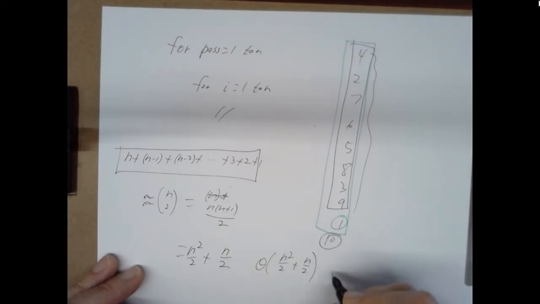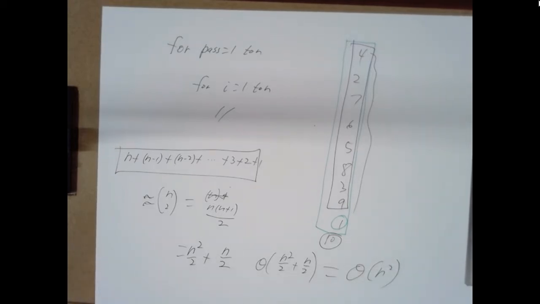But this is actually the same thing as order n squared. So even though something that was just n squared would be less, it's still n squared. So here's the thing with orders of complexity. They're taken in the limit as n gets towards infinity.